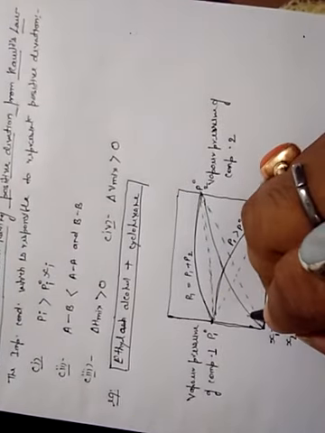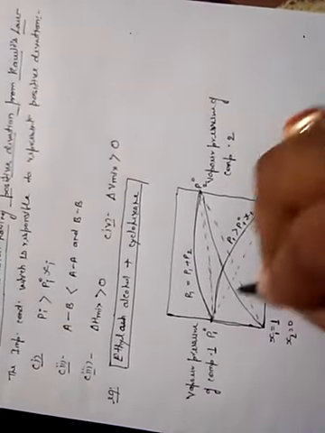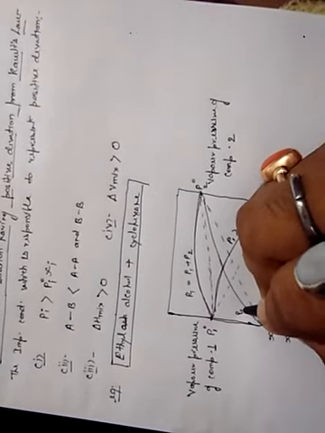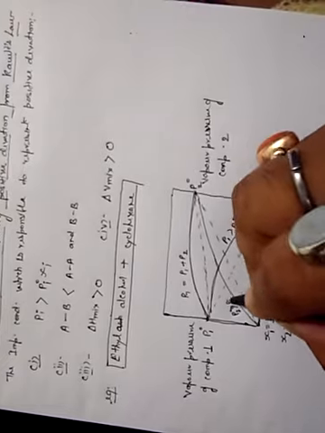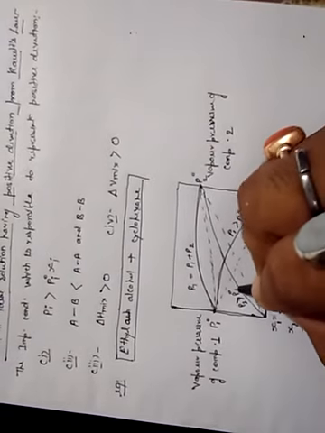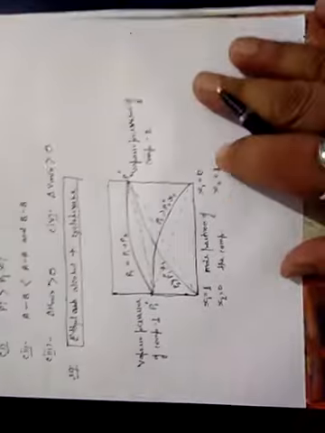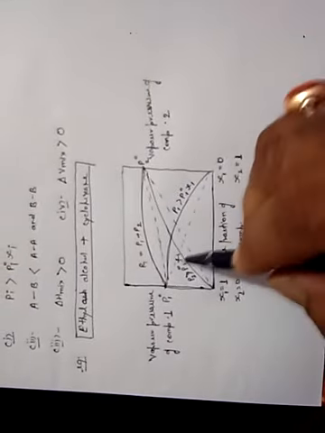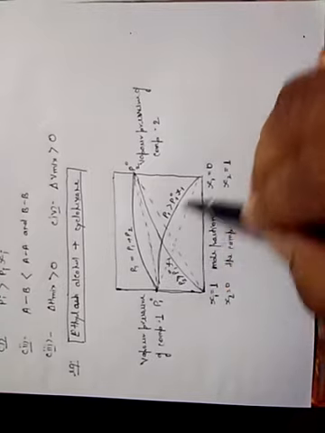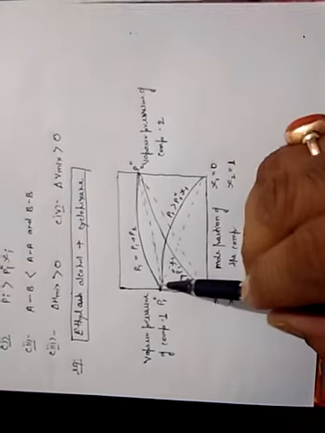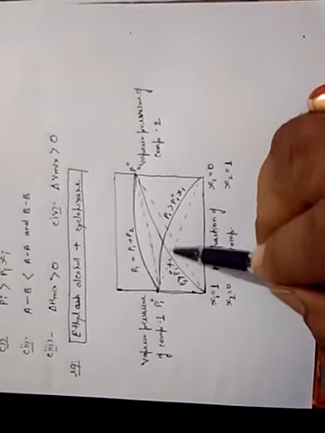And this is for component 2. P2 also has a higher value than P0 x2. This is the graph which represents the non-ideal behavior, meaning positive deviation from Raoult's law.